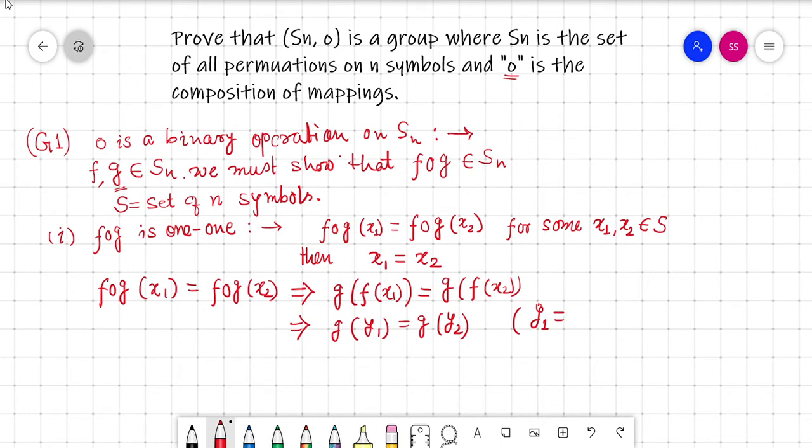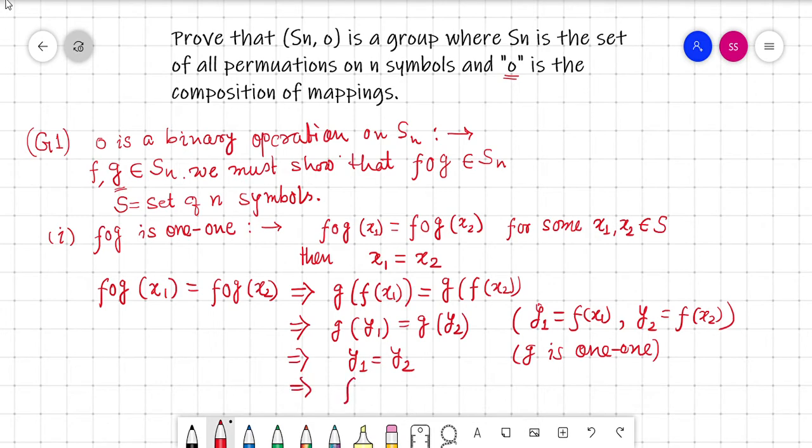So since g is 1-1, if the images of the two elements y1 and y2 under g are equal, then y1 and y2 must be equal. Why? Because g is 1-1. So y1 means f of x1 and y2 means f of x2.